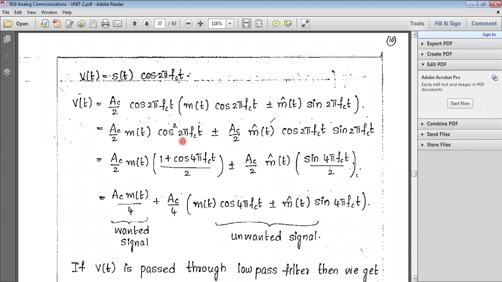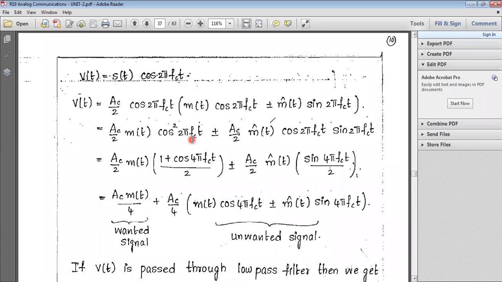Cos square theta equals 1 plus cos 2 theta by 2. So in place of cos square theta, you expand 1 plus cos 2 theta by 2. Therefore here we get Ac by 2 m of t into 1 plus cos 2 theta.